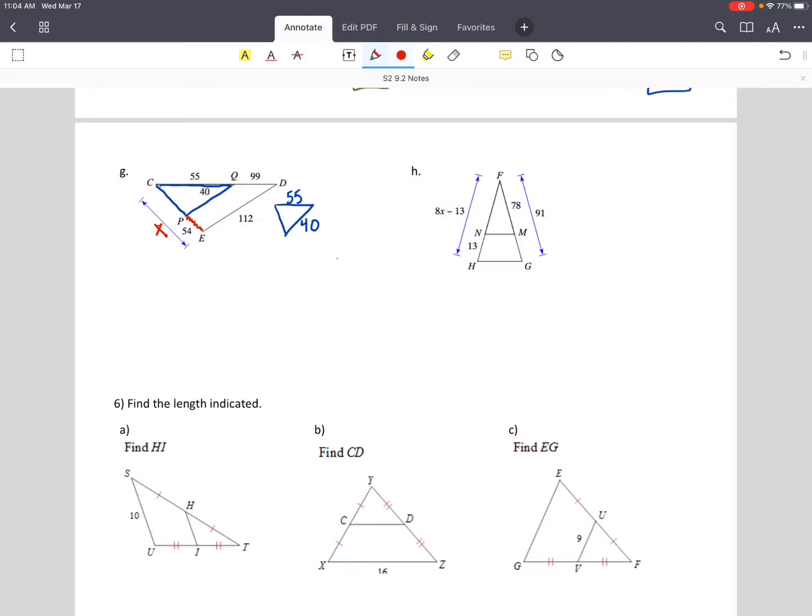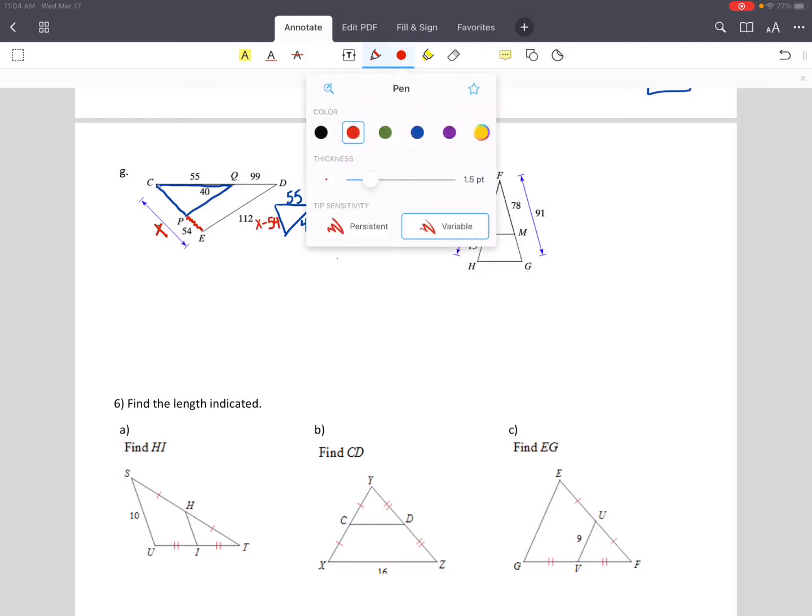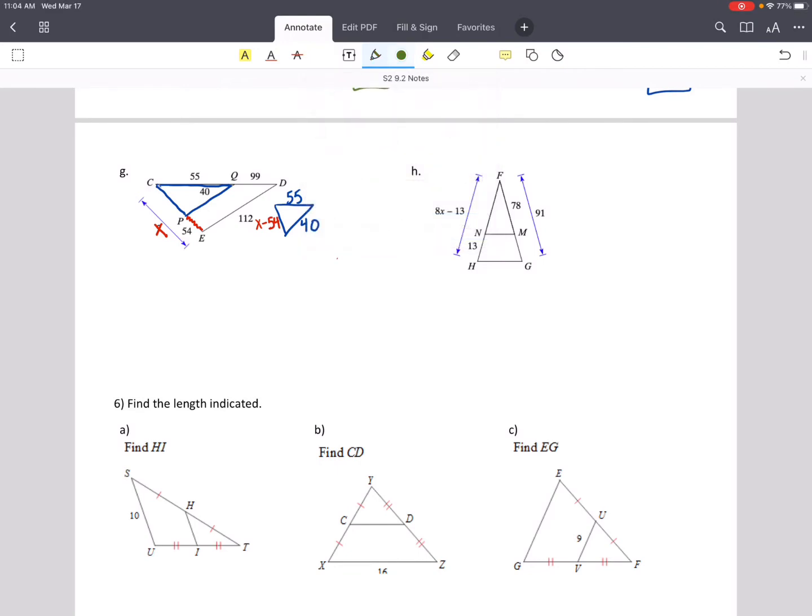So this becomes x minus 54 as that side of the blue triangle. Now I can take my bigger triangle, I got x, I've got 112, and then I have to add these two together. So 55 plus 99 gets me 154.